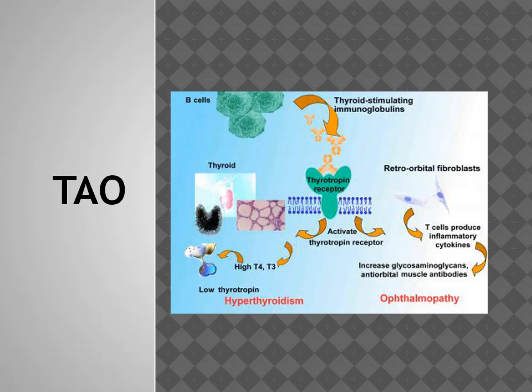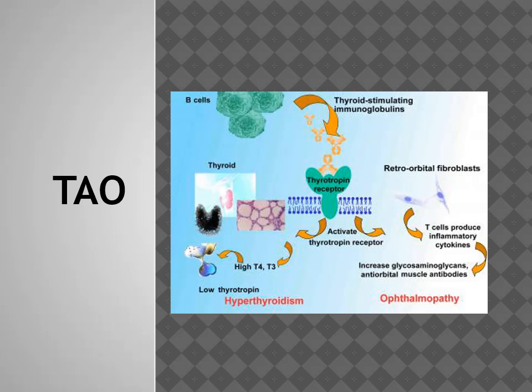Okay, this figure shows that when the thyroid hormones T3 or T4 increase, it will result in an increase of specific antibodies. These specific antibodies go towards the orbital tissue, the orbital muscles, the orbital fat and the eyelid, where they adhere to specific thyrotropin receptors and result in an increase of the amount of glycosaminoglycans and anti-orbital muscle antibodies.